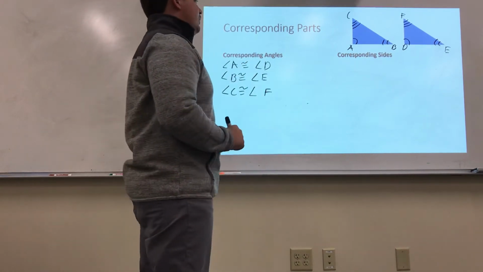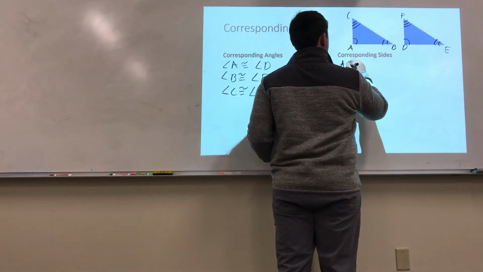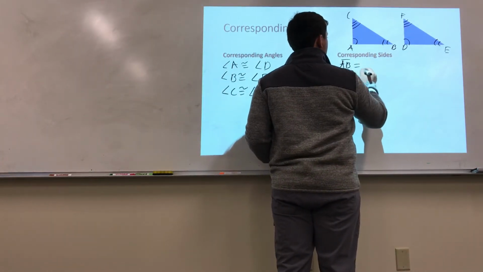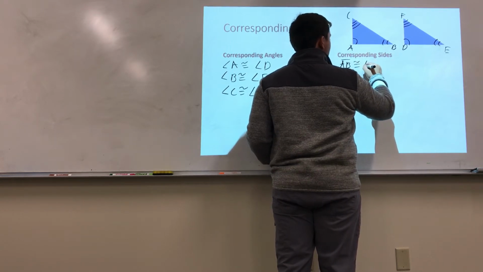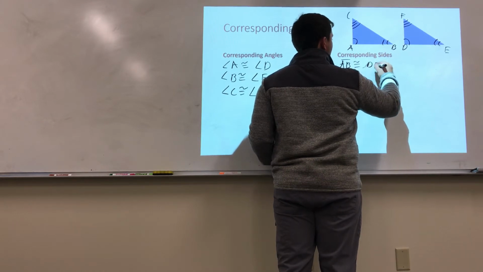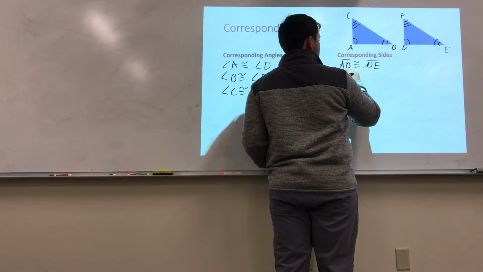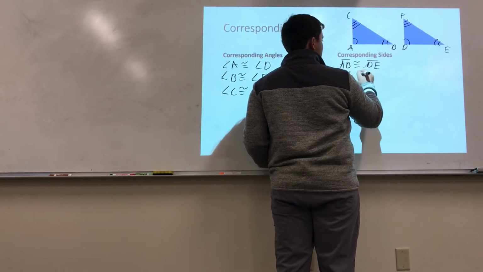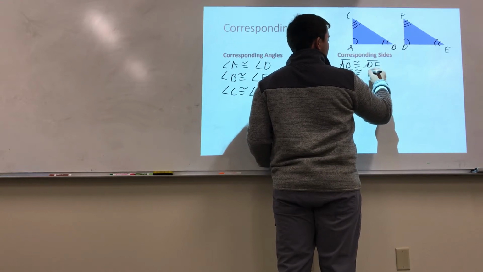Now I need corresponding sides. AB is going to be similar to line DE. And BC is going to be similar to EF.